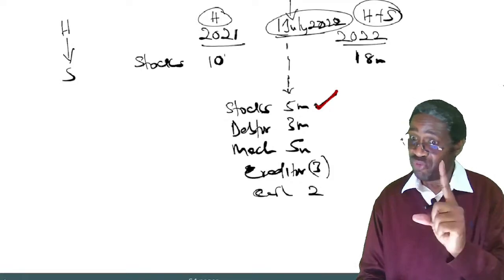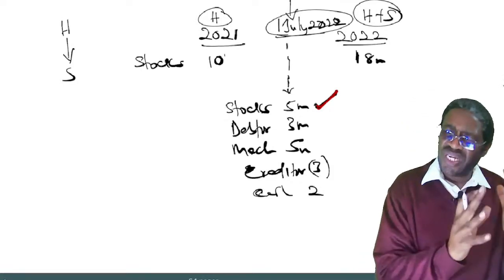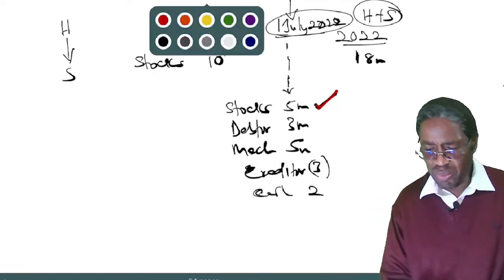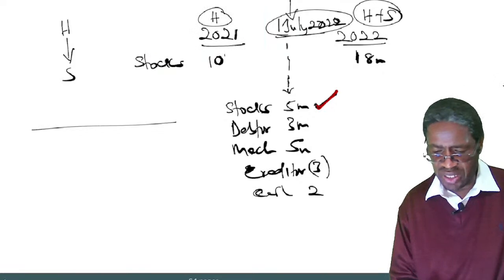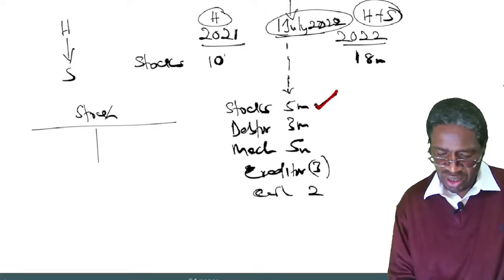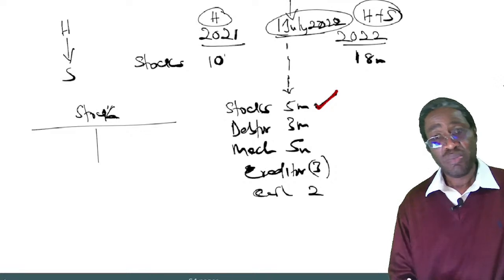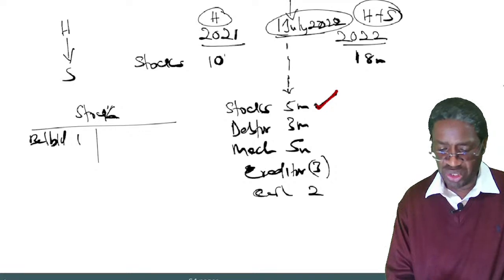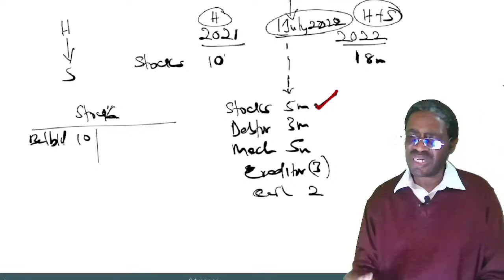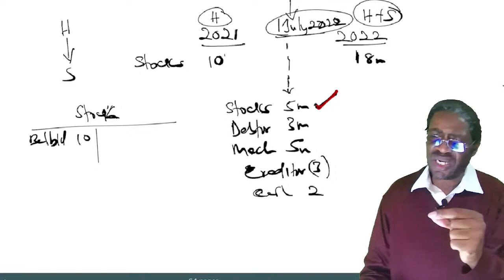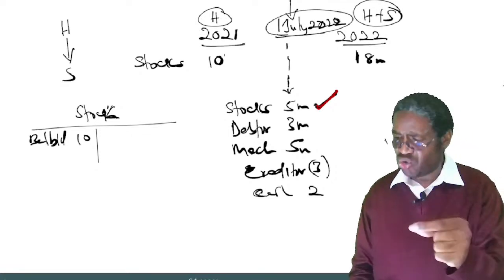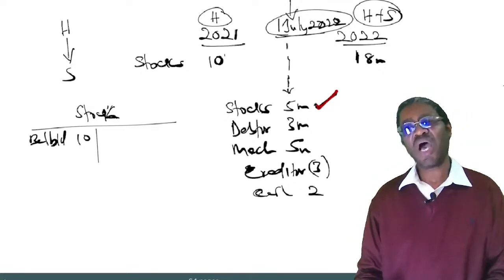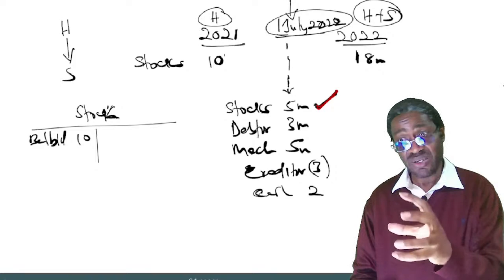Therefore, for you to know whether there was an increase or decrease in stocks for the group, we shall be preparing the stock account. Bring down the stocks by the beginning of the year, which according to my illustration was 10 million. Then you say, when we acquired this subsidiary company, it came into the group with its own bunch of stocks amounting to 5 million.